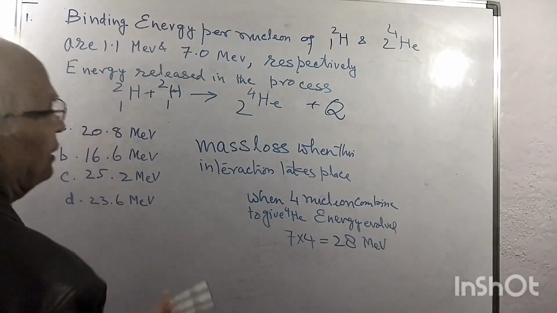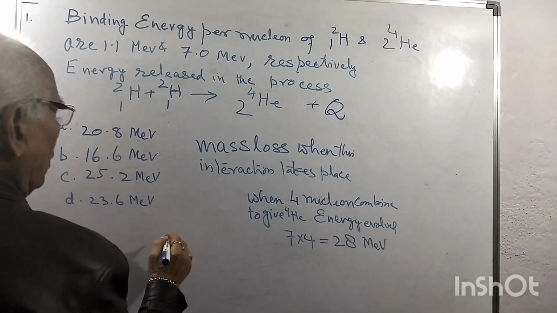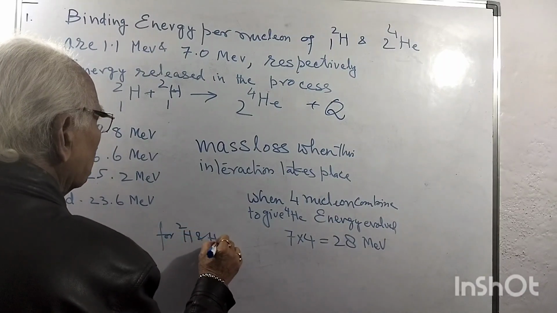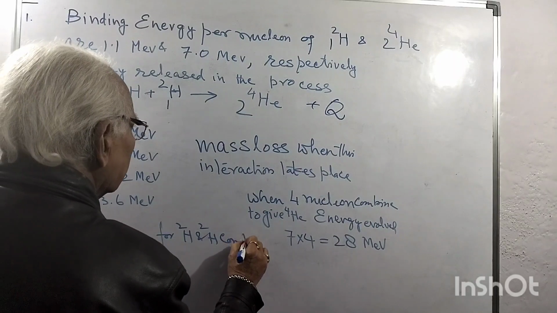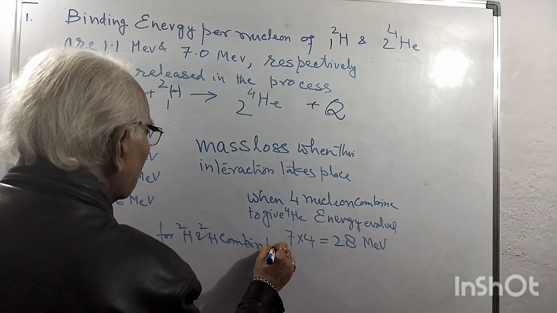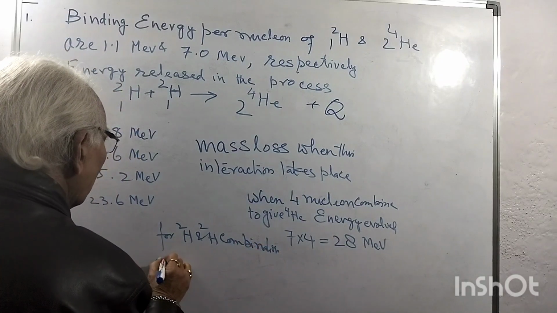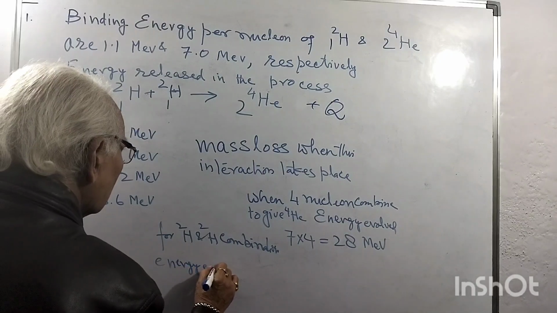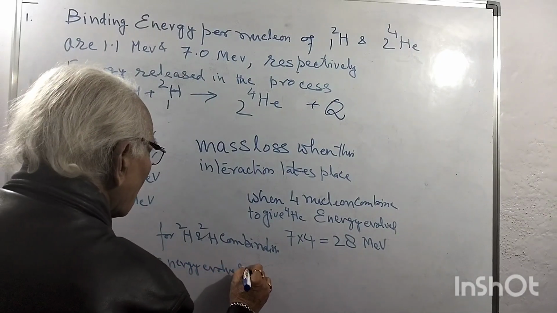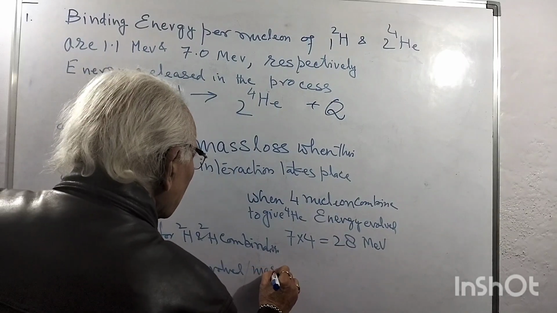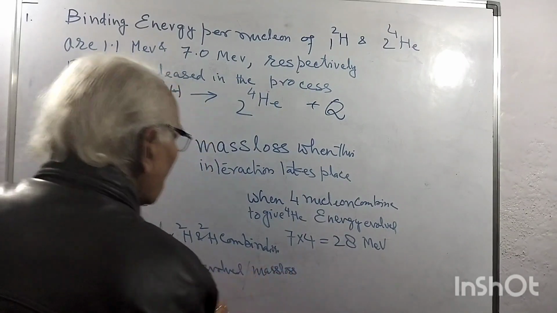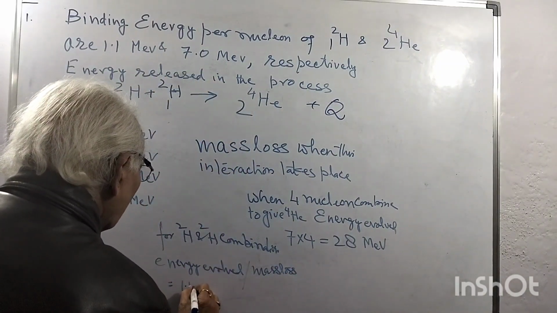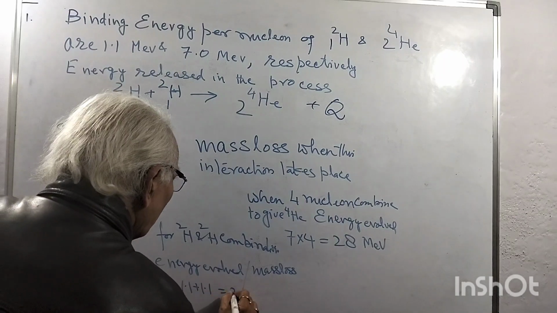And to fuse this, how much energy is needed? For H2 and H2 combination, there is mass loss and energy evolved. Here how much is this? 1.1 plus 1.1, that is 2.2 MeV.